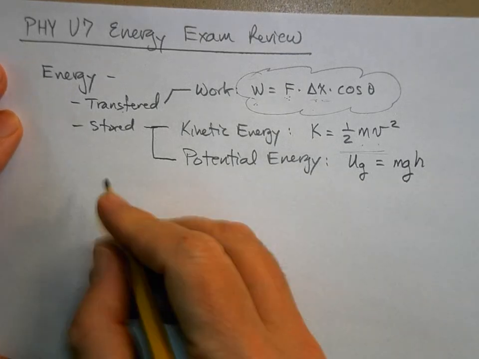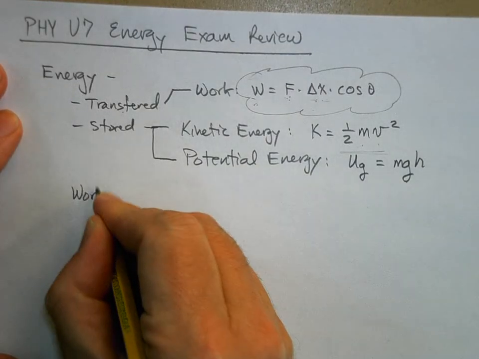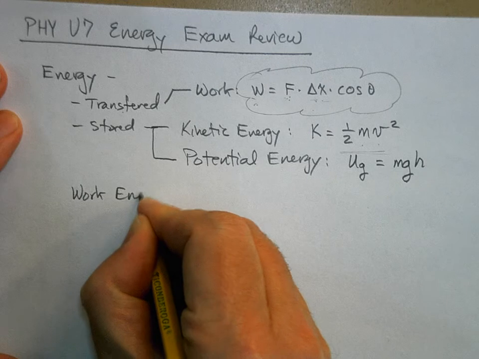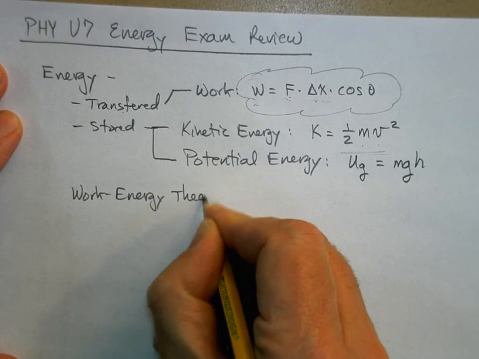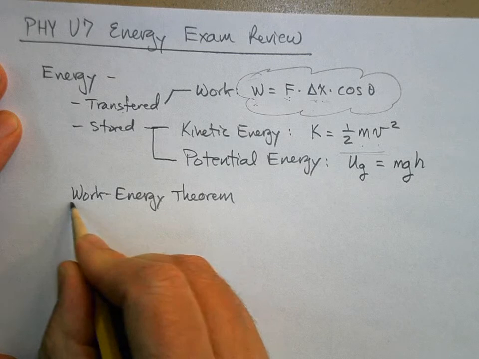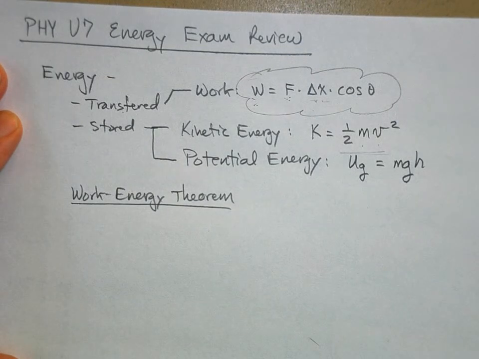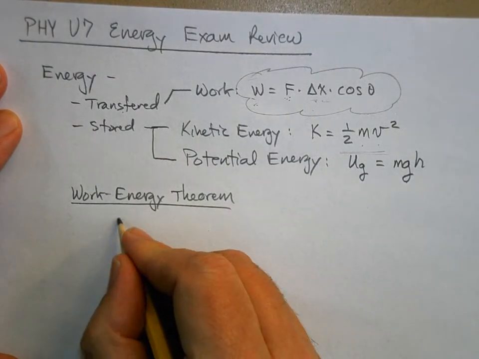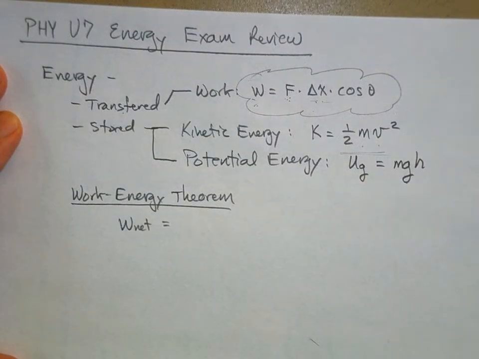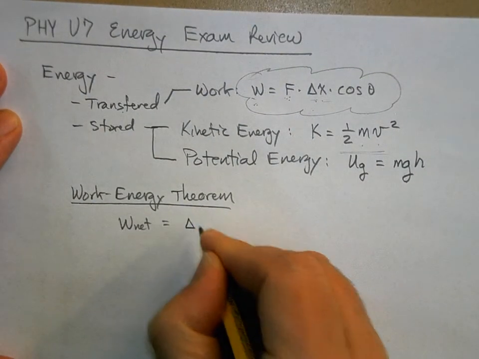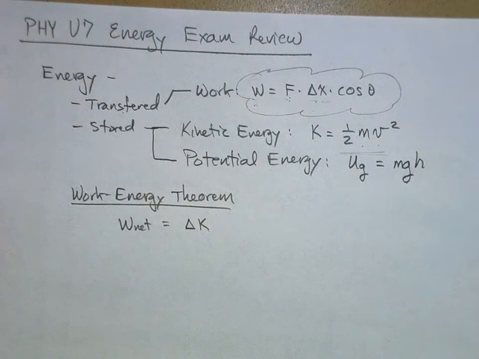Now, we have this thing called the work energy theorem. And it basically says the work done by the net force on an object will be equal to the change in kinetic energy of that object.